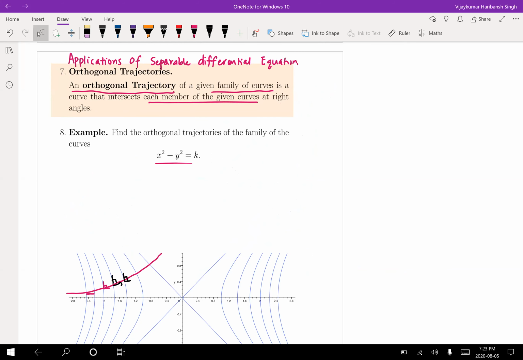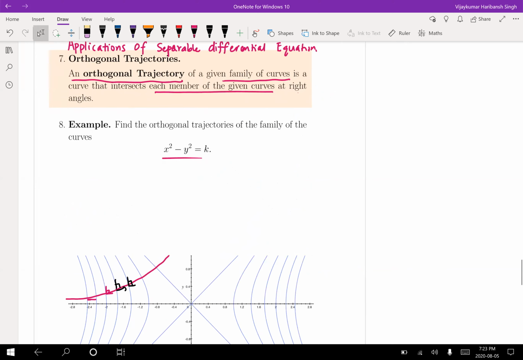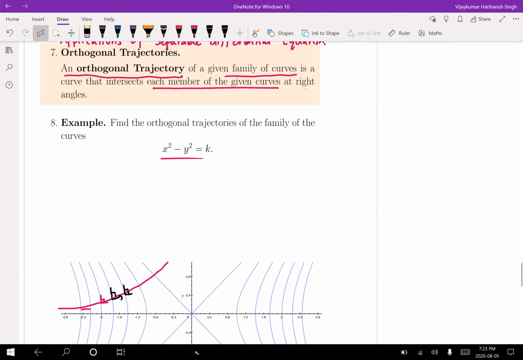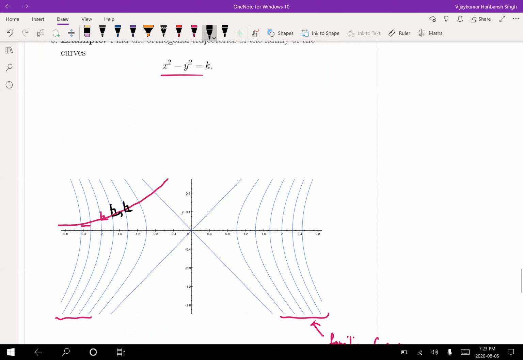So again, what is the orthogonal trajectory of a given family of curves? It's a single curve that intersects each member of the family at 90 degrees. So how do we solve this? We have x squared minus y squared equals k.